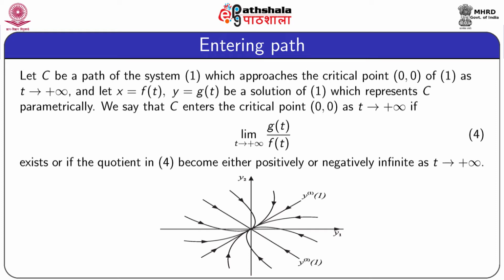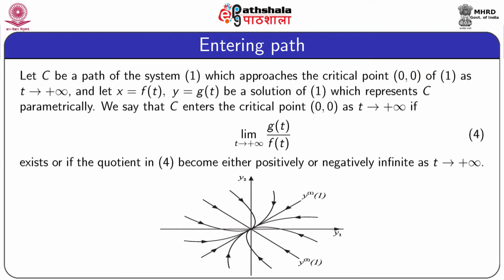Now, when we say the entering path, we will mean that in this case the path will actually pass through the critical point (0,0). So, let C be the path of the system 4 which approaches the critical point (0,0) as t tends to plus infinity, and as before let x = f(t) and y = g(t) be the solution of 4 which represents C parametrically.